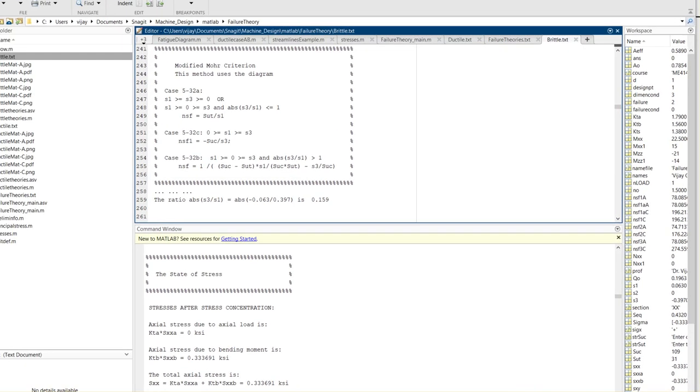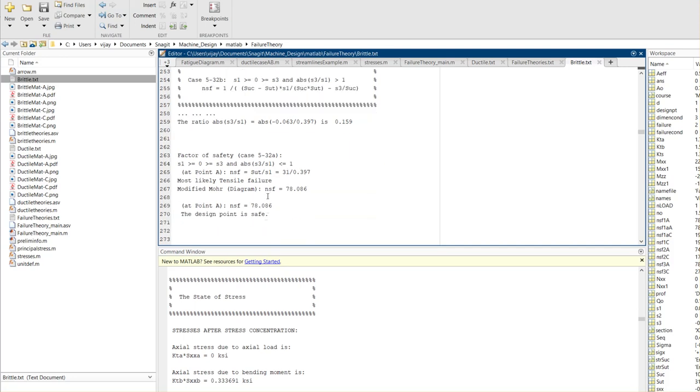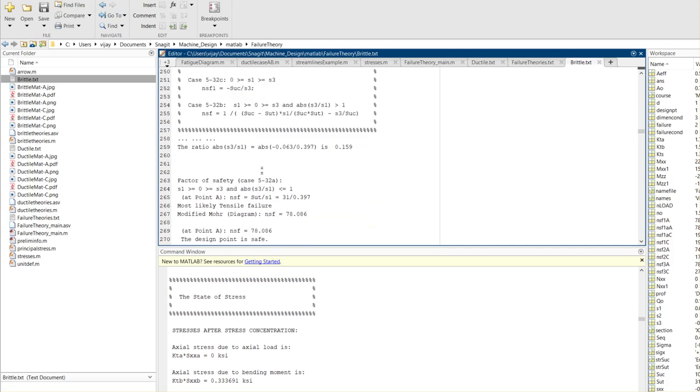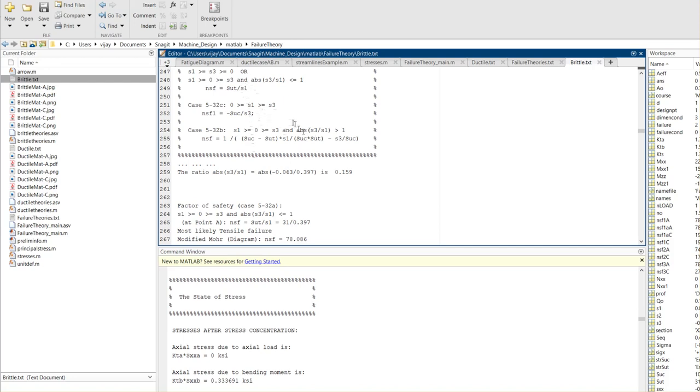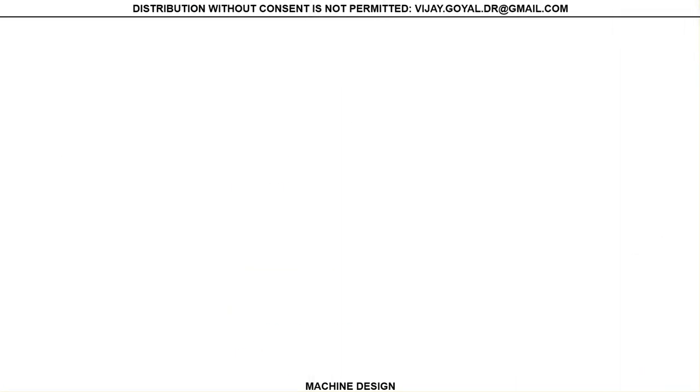The next theory that we are going to work with is the modified Mohr circle. In the modified Mohr, basically you do your ratios, see which case you belong to, and then choose the corresponding case. And then you can see that you also get the same value, which is kind of expected from the plot itself.